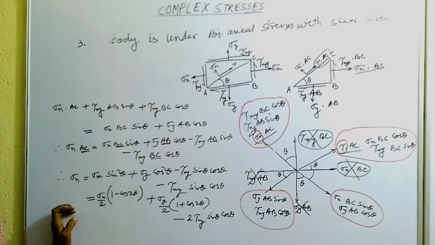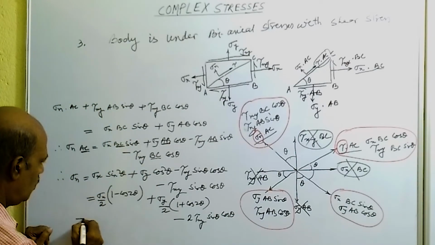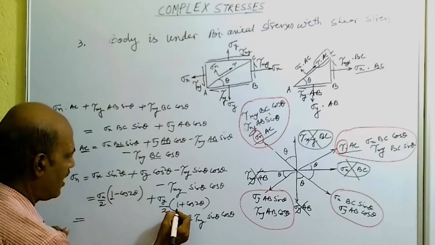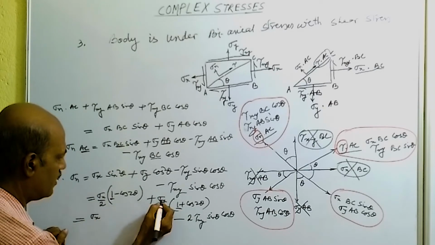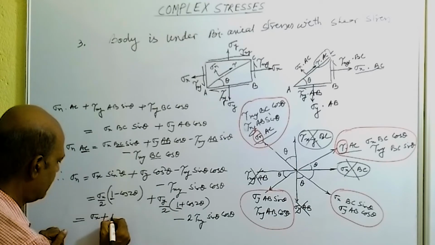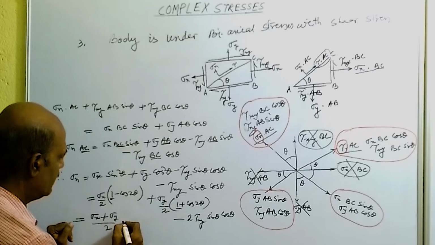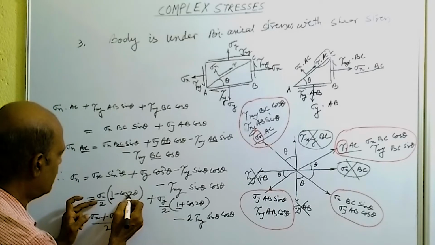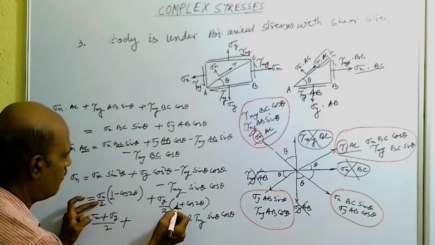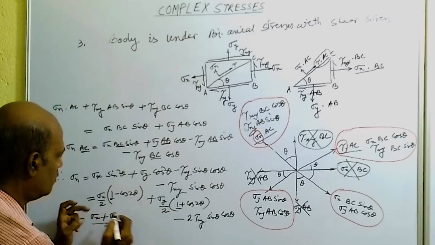If we take the first part, it will be sigma x by 2 plus sigma y by 2, so we can write (sigma x plus sigma y) by 2, plus sigma x by 2 minus sigma x by 2 cos 2 theta plus sigma y by 2 cos 2 theta.